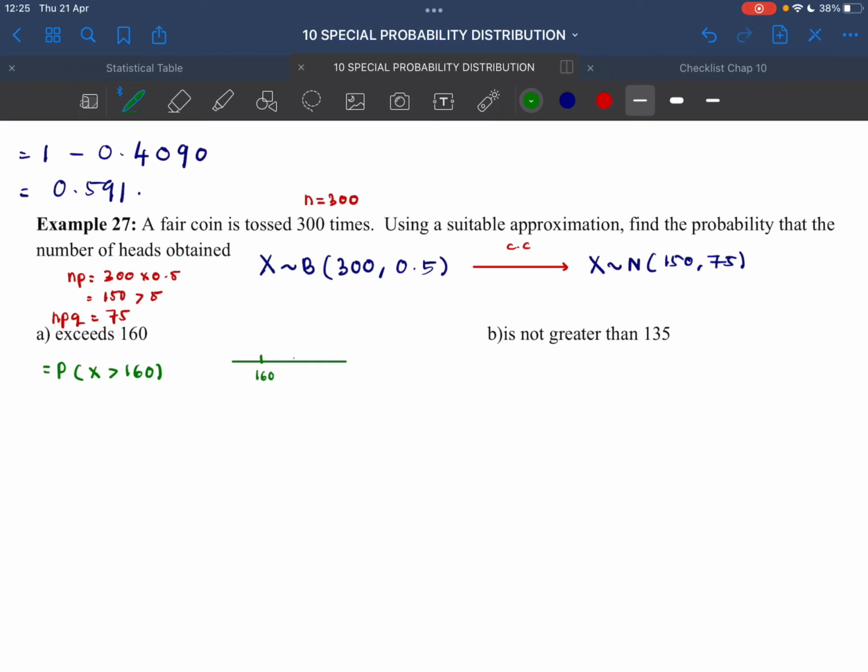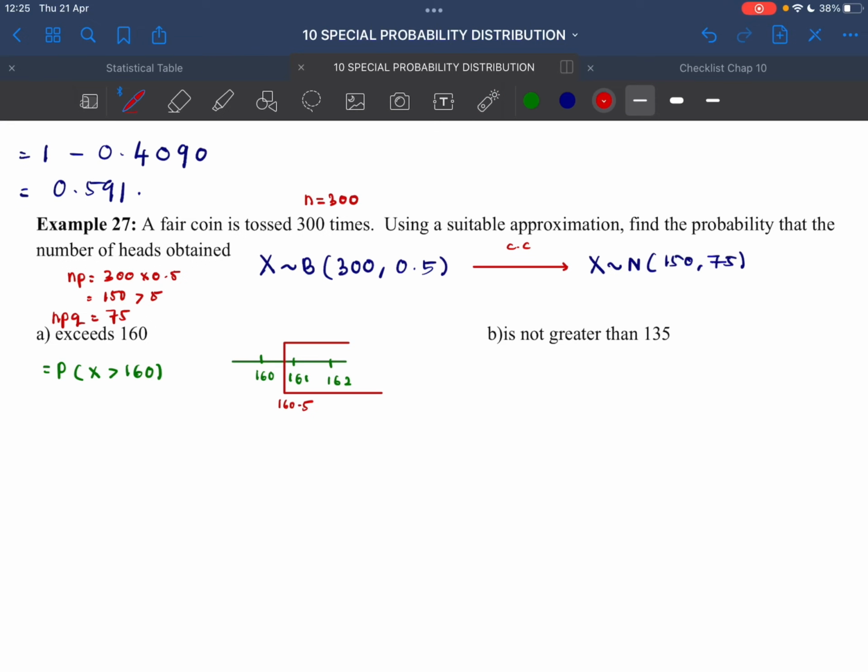We have 160, 161, 162, and so on, but 160 is not included. So up until here, 161, 162. So the number here, this line here, will be 160.5. Okay, how did I get that? 161 minus 0.5.